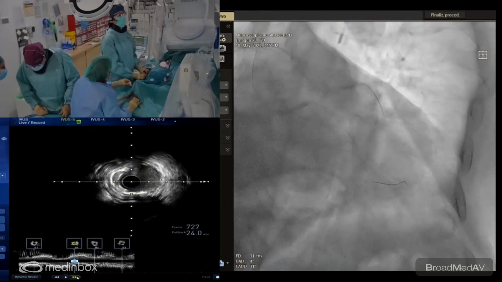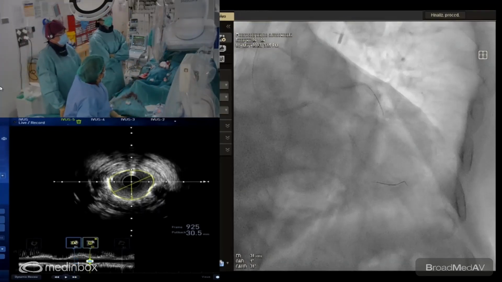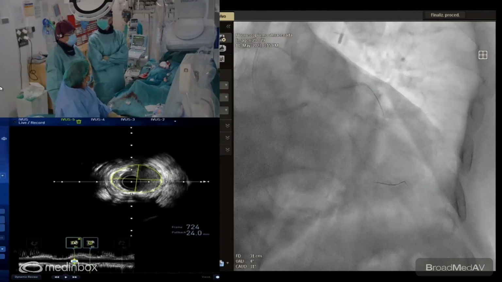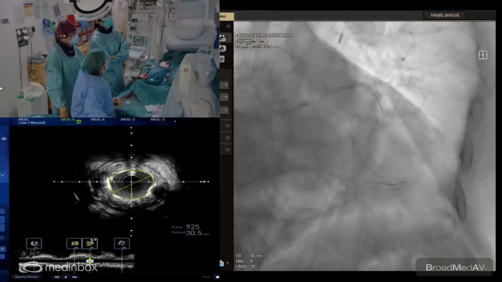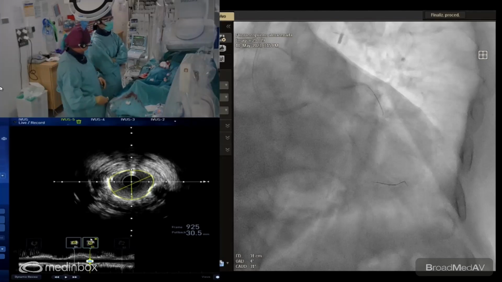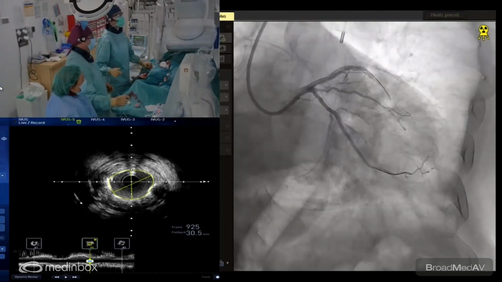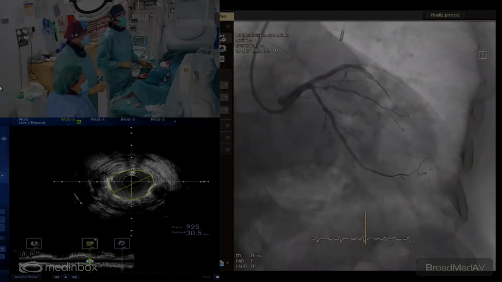I think over 5 is a good result in this small vessel. The distal part is near 2.25. So I think we are done. Very nice. Okay, let's go.